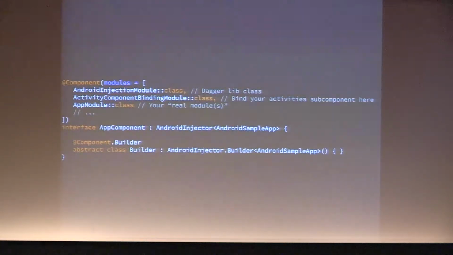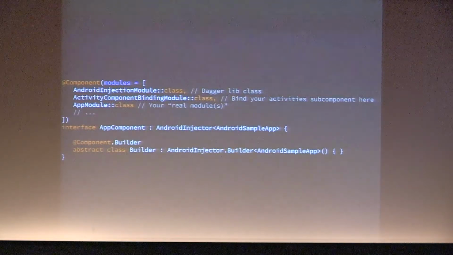This component will extend the Android injector that we just saw, and the type parameter will be AndroidSampleApp, which is a class extending the Application class for this talk. We declare also a builder that is implementing the builder interface that we just saw. And that's it. You don't need to do anything inside the body, since the methods are present in the interface.